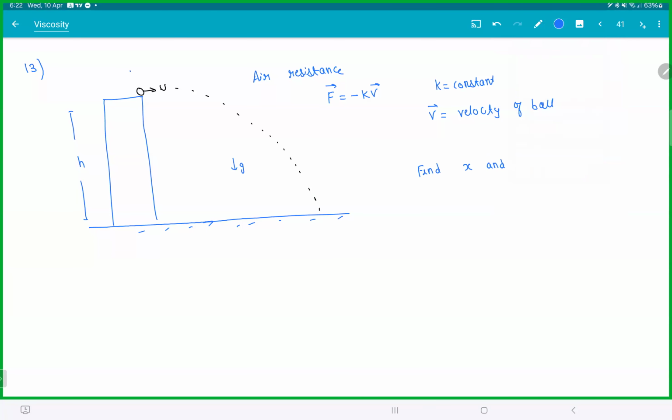You can take this point as the origin. Projectile motion with air resistance. If h tends to infinity, find the range. Range is the maximum horizontal distance.